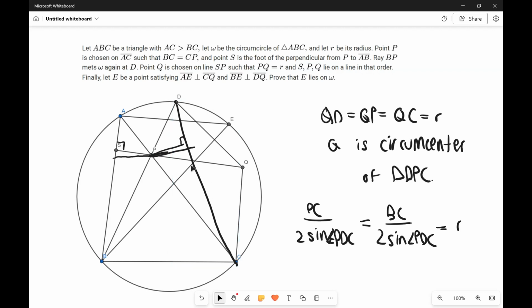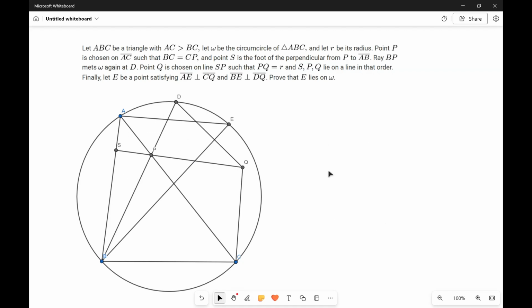That means that this line PQ is just a reflection of this altitude across the angle bisector. However, the reflection of the altitude across the angle bisector is known to pass through the circumcenter because H and O, where H is the orthocenter and O is the circumcenter in any given triangle, are isogonal conjugates. So PQ indeed passes through the circumcenter, and thus Q is the circumcenter of CPD.